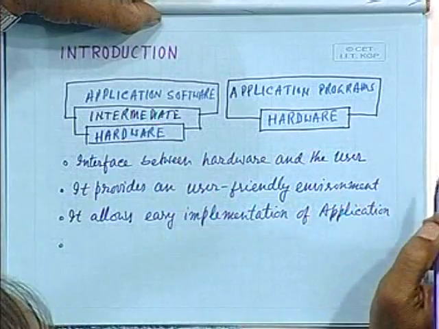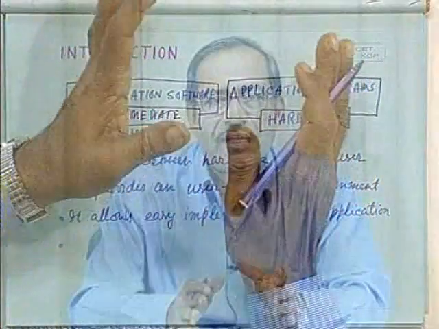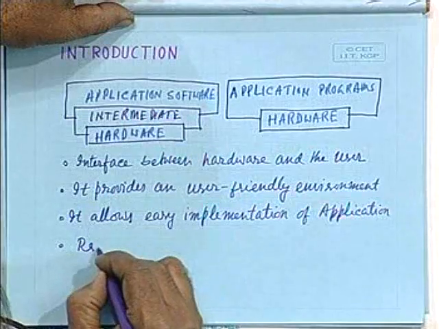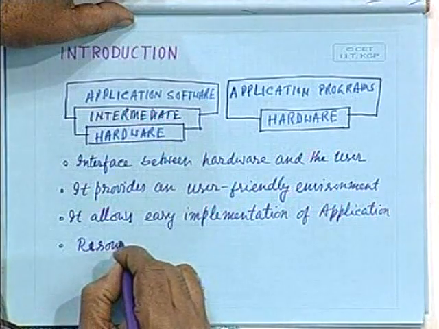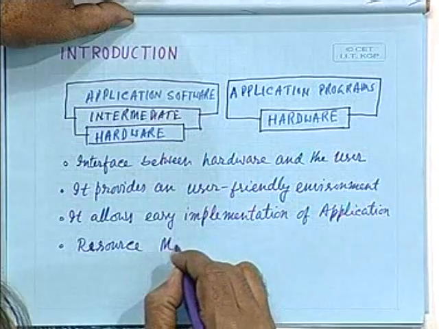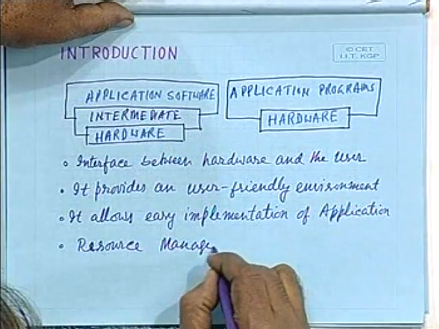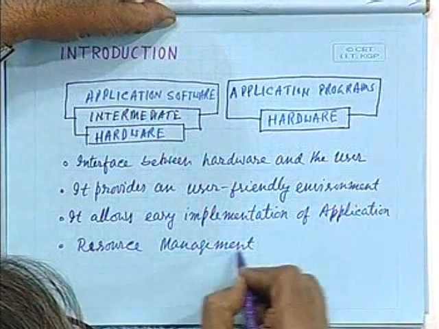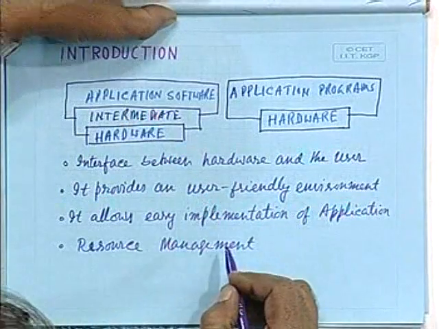In addition to this, it also performs several other functions such as resource management. There are various resources like CPU, processor, memory, I/O devices, and so on. These resources are to be managed efficiently so that their utilization is good. So this is another objective of this intermediate software.